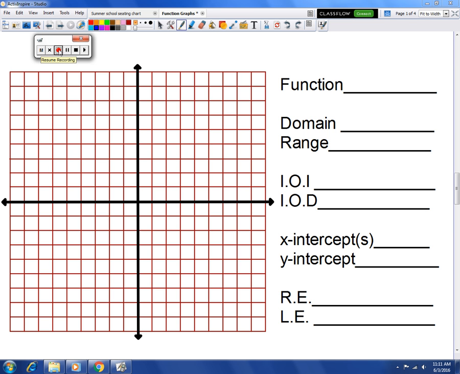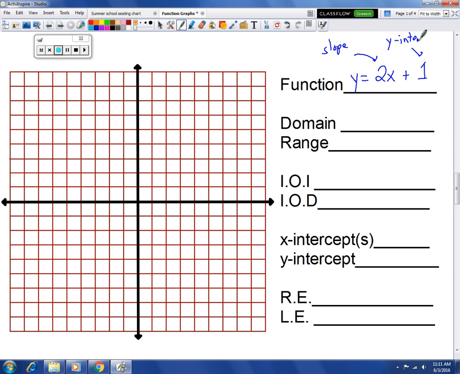Okay, for this problem, let's give you some number besides 1 as a slope, and something besides 0 as a y-intercept. Slope is 2.